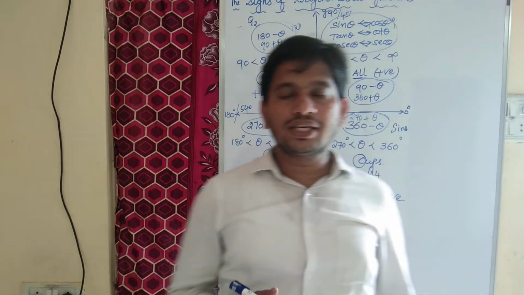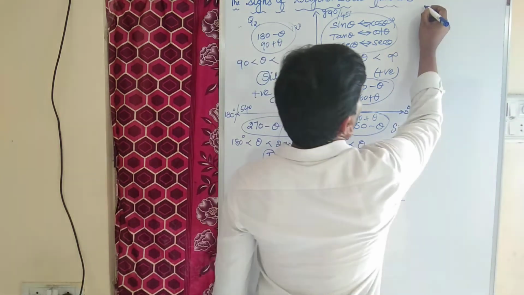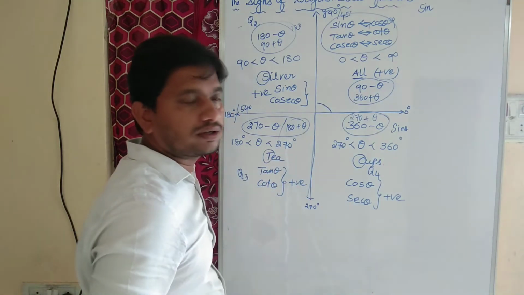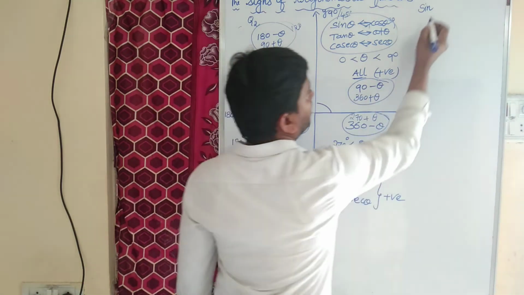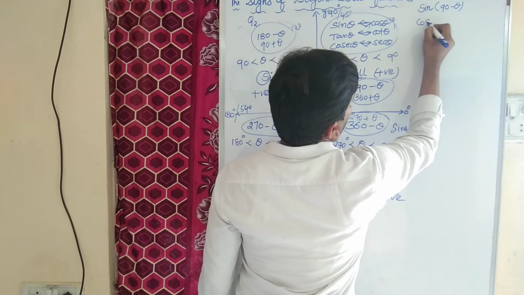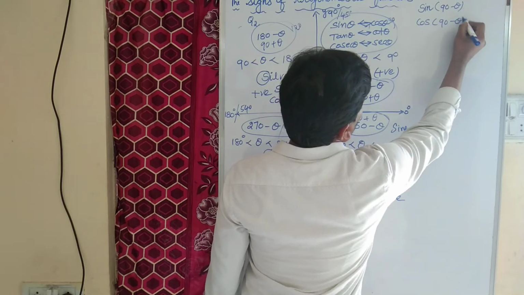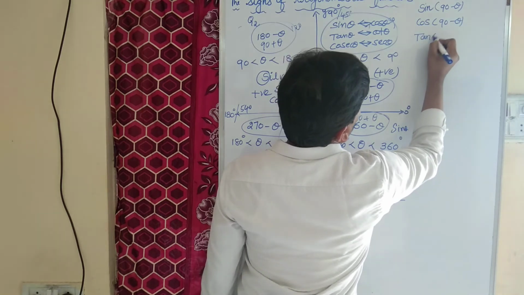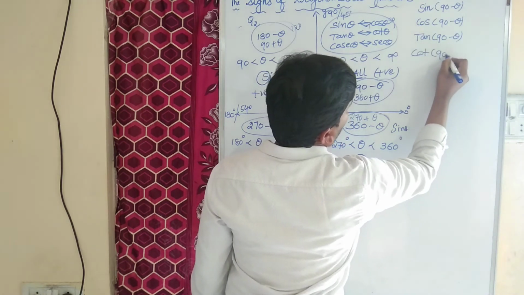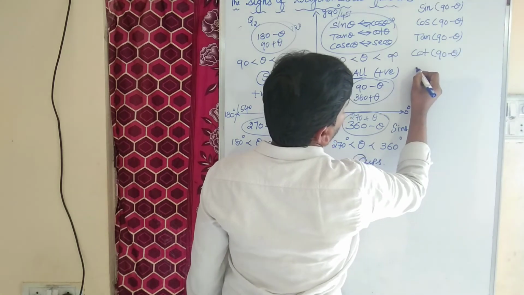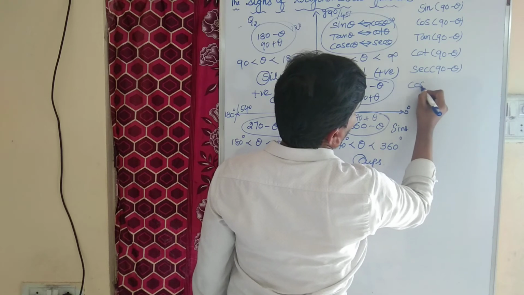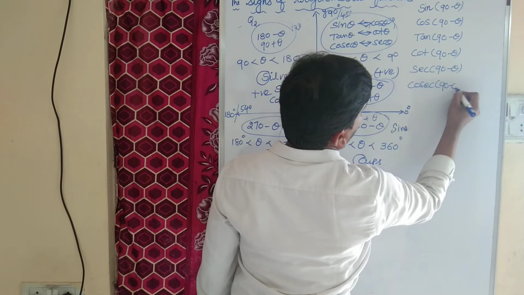Now let us see all the trigonometric ratios in coordinate 1. Coordinate 1 is nothing but 90 minus theta: sin 90 minus theta, cos 90 minus theta, tan 90 minus theta, cot 90 minus theta, sec 90 minus theta, and cosec 90 minus theta.